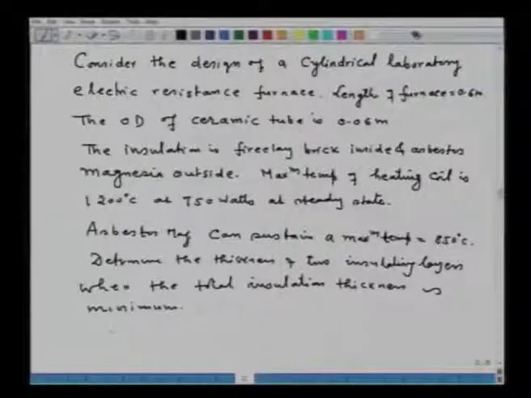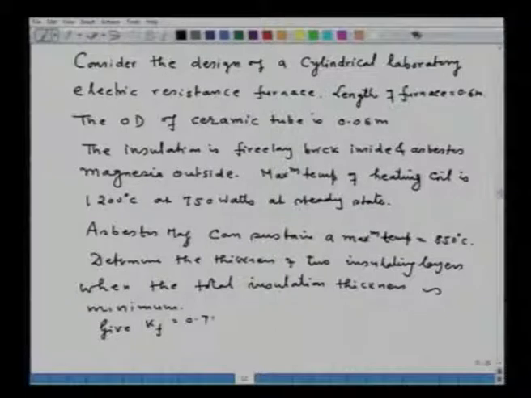Also, it is given that K fire clay is 0.72 watt per meter Kelvin, and K asbestos magnesia is 0.12 watt per meter Kelvin.